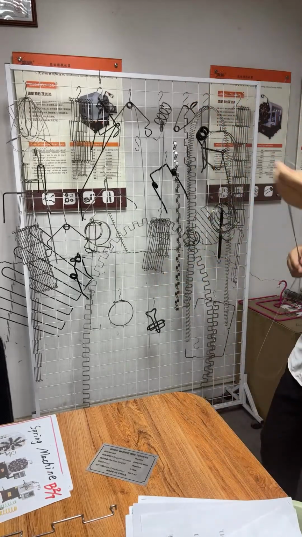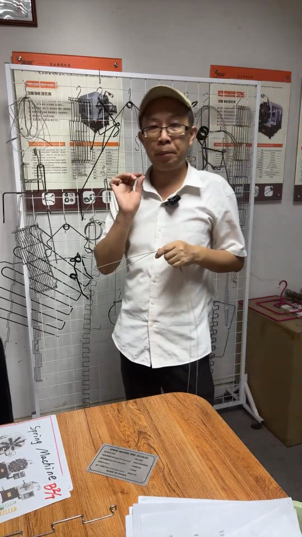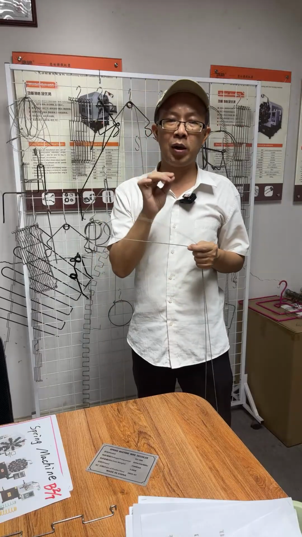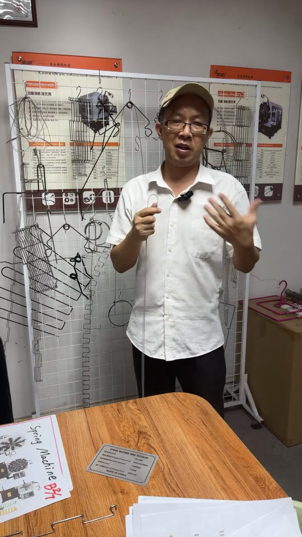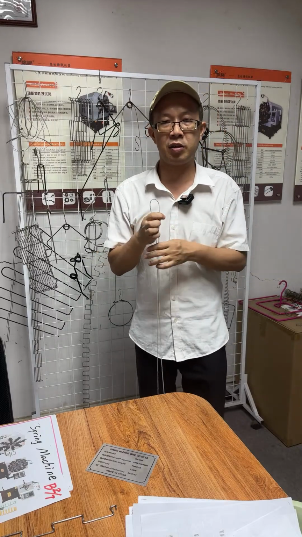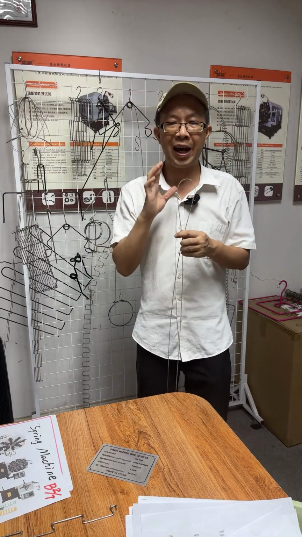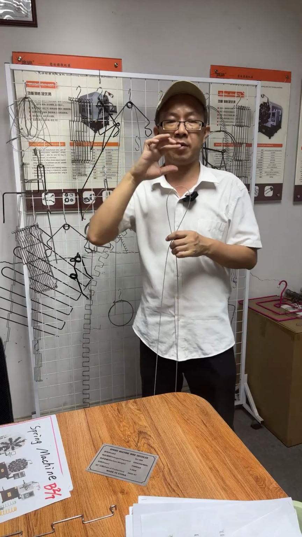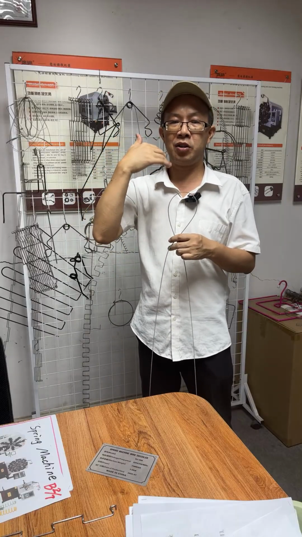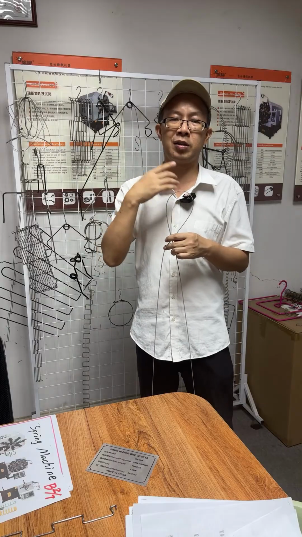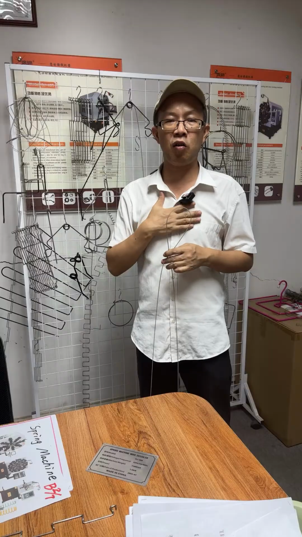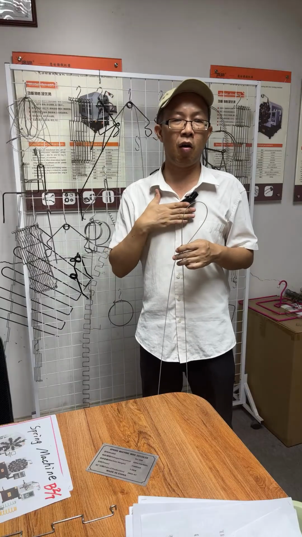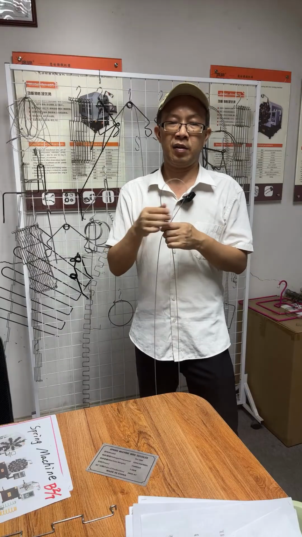Also for the high precision one, the minus wire 0.08, using in the test instrument, industrial test instrument, or medical guiding wire to insert the microscope, insert the detectors inside the lungs, the human bodies, or the lung or stomach.